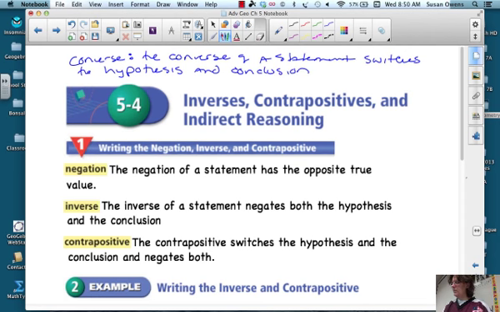Okay. And if you want to take a look back in our Chapter 2 notes, you can see where we did converses and conditional statements.